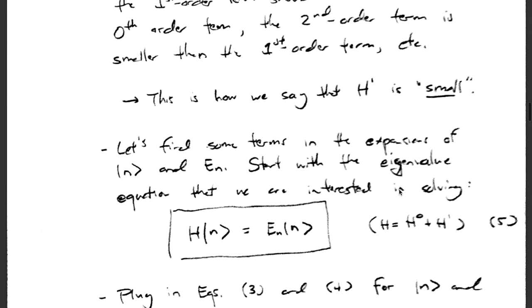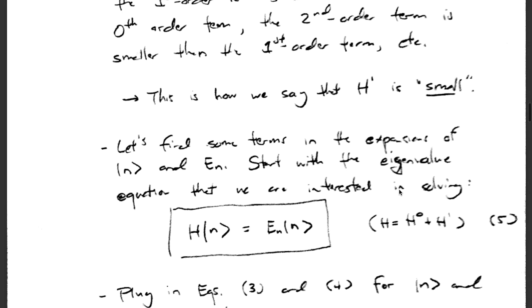Let's see. Okay, so let's try to find some terms in this expansion for the eigenket n and the eigenenergy E sub n for the full Hamiltonian. And we'll do this in a bootstrapping way. So we'll basically build it up from the ground level. We're going to start with the eigenvalue equation.